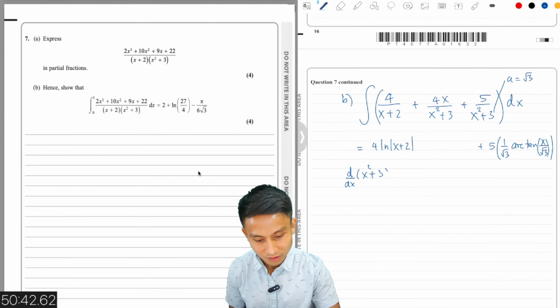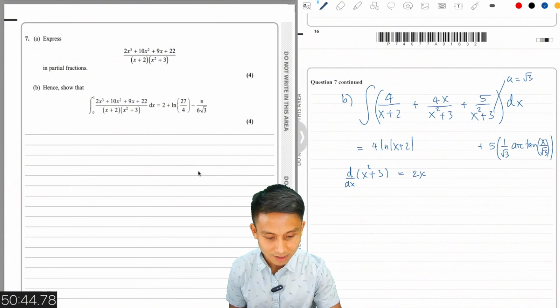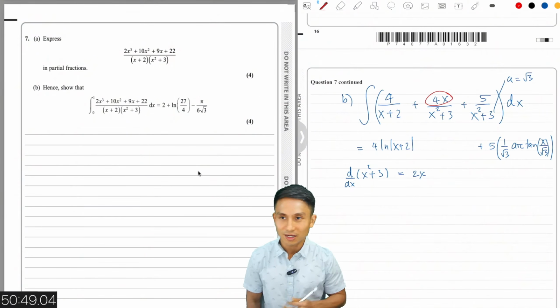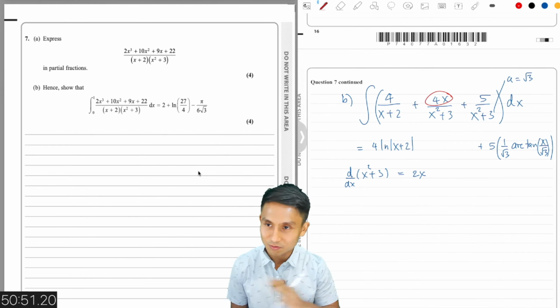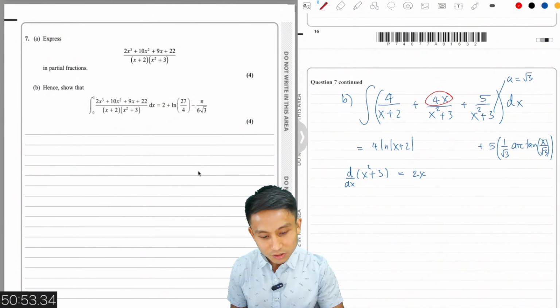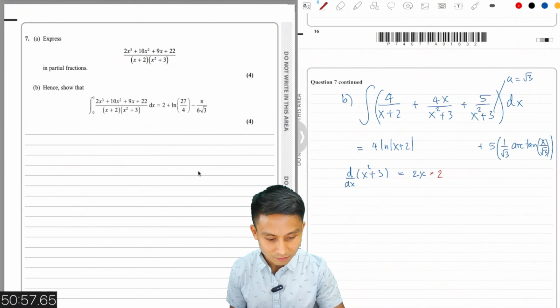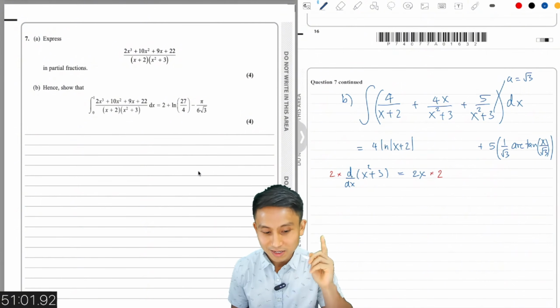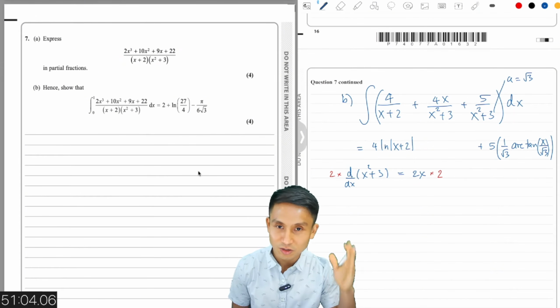But if you do reverse chain rule, just differentiate this, you get 2x. And because you don't exactly get the top bit, just check the video there, I explained it very carefully. When you differentiate the bottom, you don't get exactly the top. You need a correction factor of multiplying 2 here to get exactly 4x. And that will be the thing you multiply with the reverse chain rule form.